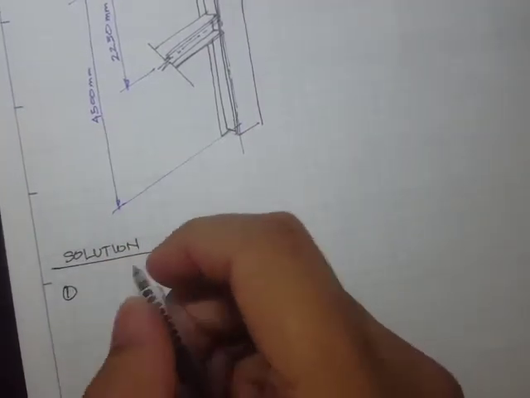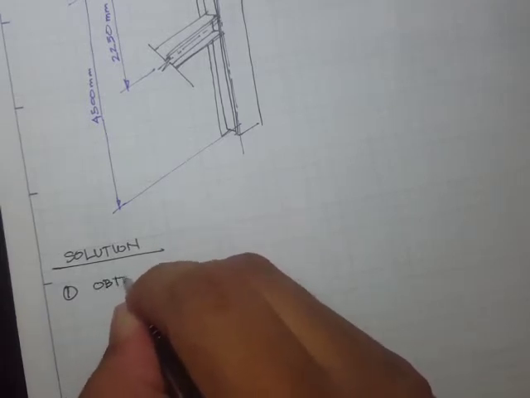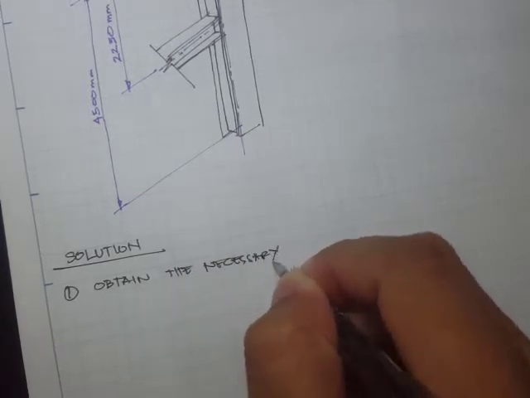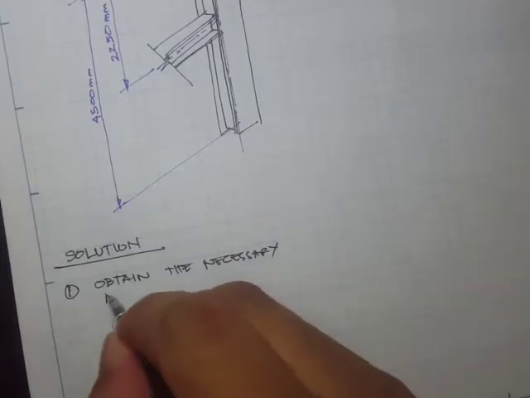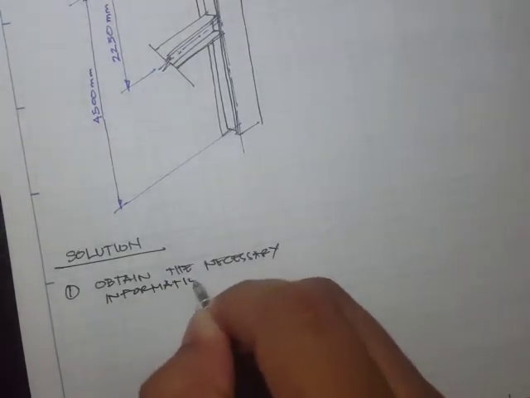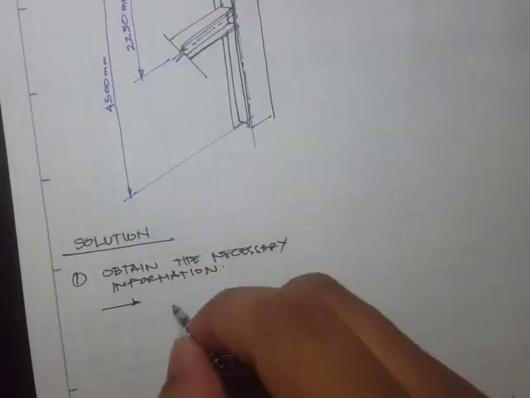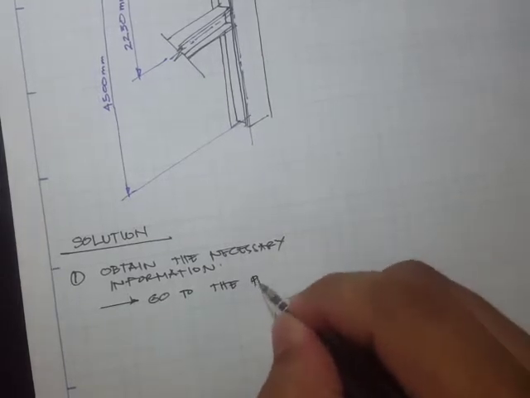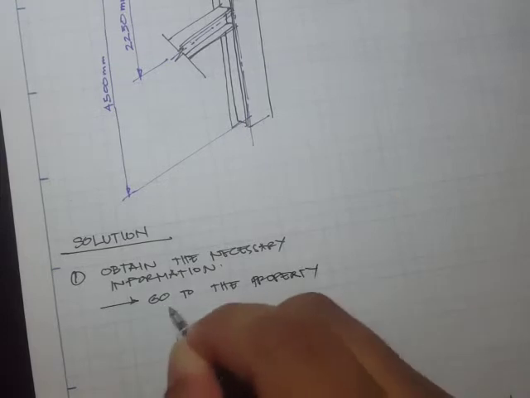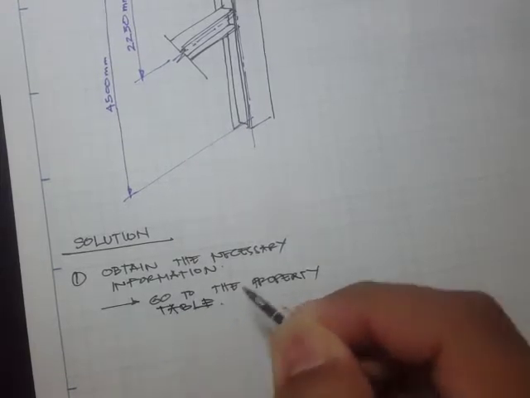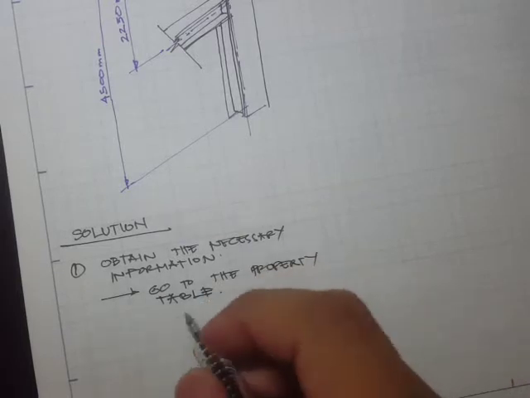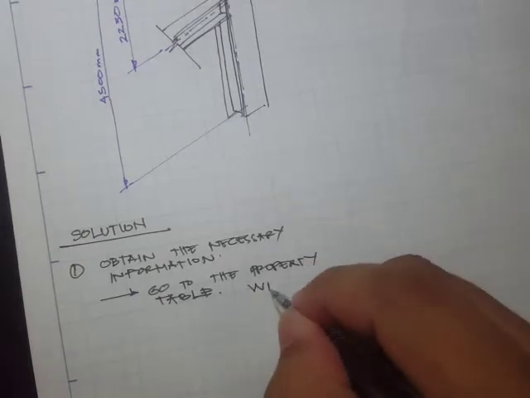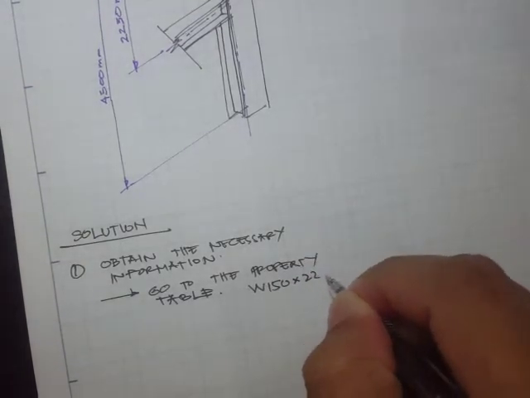Step number one is to obtain the necessary information. Meaning that we are to check the table, the property table. You have to go to the W section and find the details about W150 by 22.